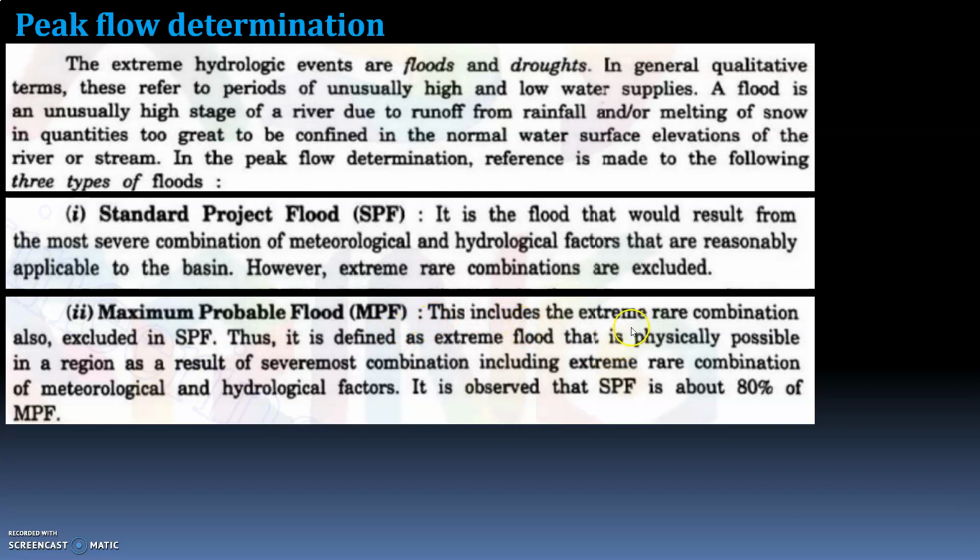This includes the extremely rare combinations excluded in SPF. Thus, it is defined as the extreme flood that is physically possible in a region as a result of the severest combination, including extremely rare combinations, of meteorological and hydrological factors. It is observed that SPF is about 80% of MPF.